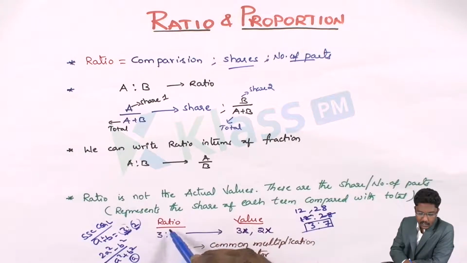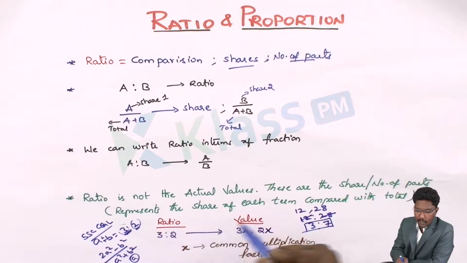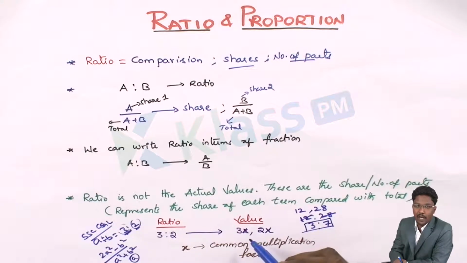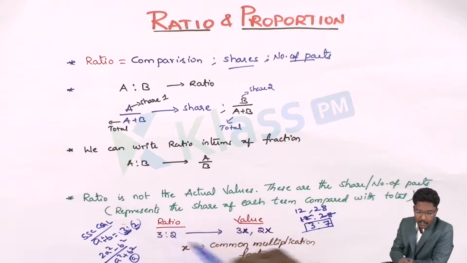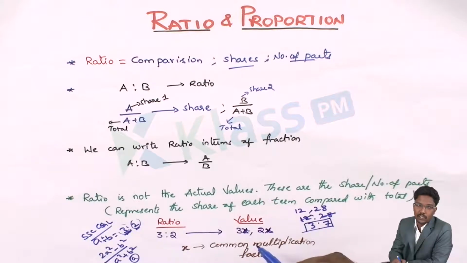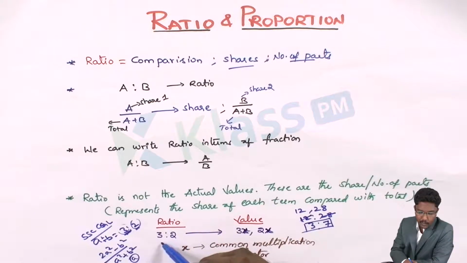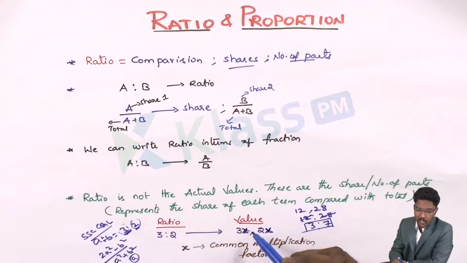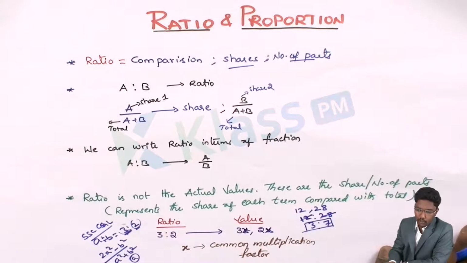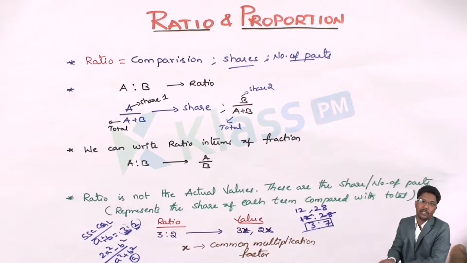In this way, the ratio 3:2 can be converted into values by multiplying with the same multiplication factor. Here I don't know the multiplication factor. That's why I am taking the multiplication factor as x. So 3x and 2x. When it is in ratio format, it is 3:2. When you are converting into values, the values are 3x and 2x.